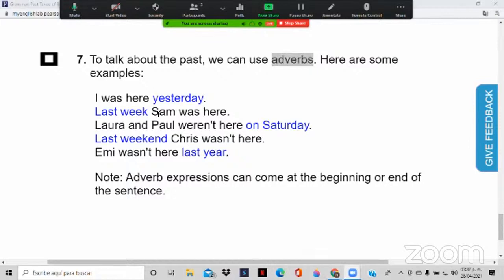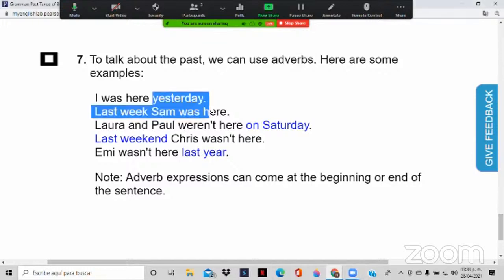Ok, so adverbs, adverbios, ¿para qué? Como les comentaba, a los americanos les encanta ser muy precisos y exactos de cuándo es que pasó algo, especialmente cuando hablan en pasado, ¿no? ¿Cuándo? Ayer, yesterday. ¿Cuándo? Last week, la semana pasada.